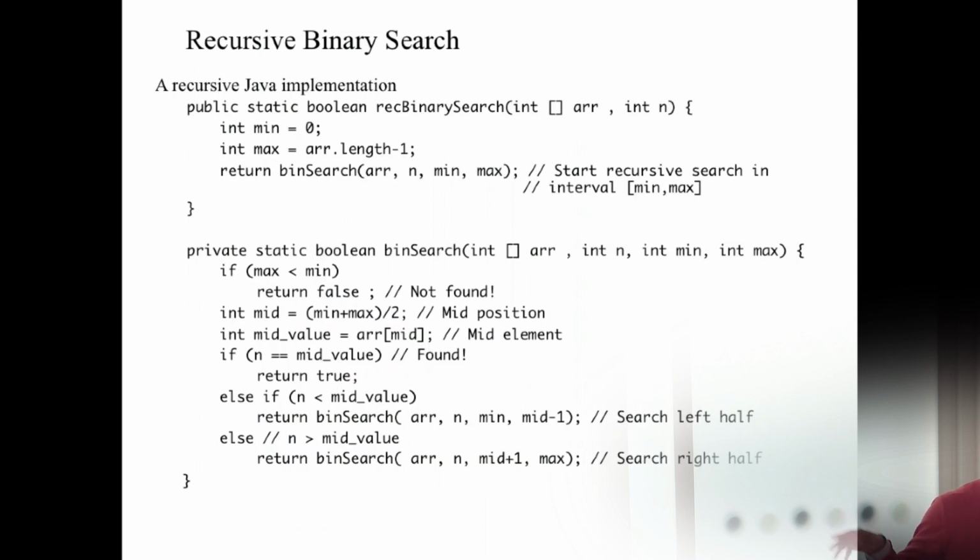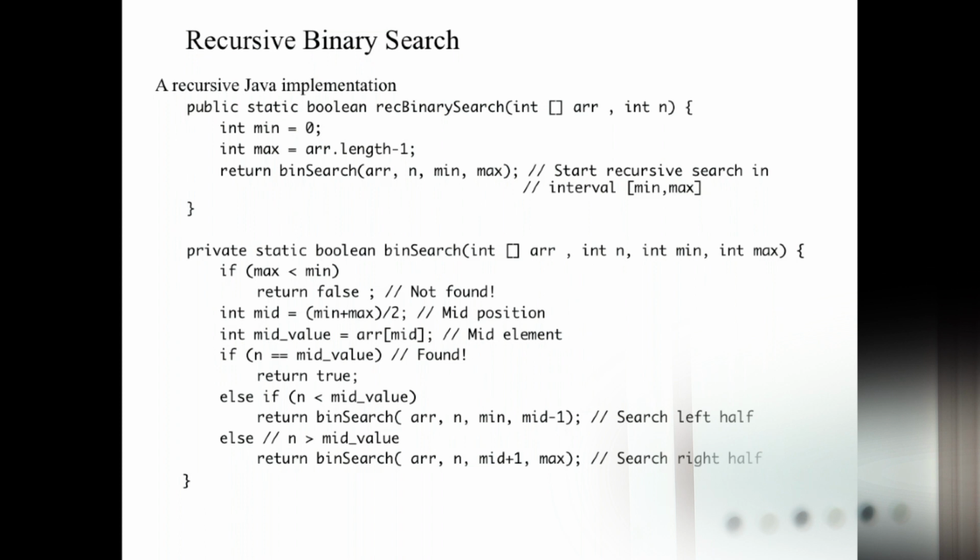And this is just a Java implementation of how you can recursively implement this algorithm. So for example, in this case, we have a method, recursive binary search, and it takes an array in which we want to search and then the value that we want to search.